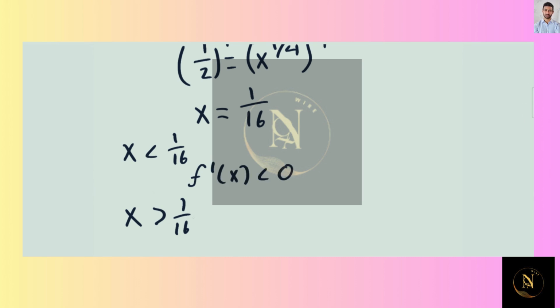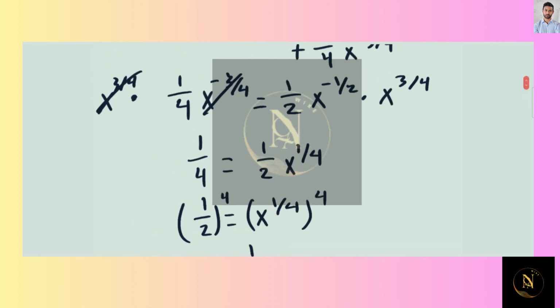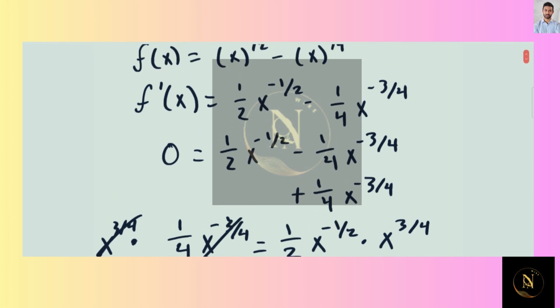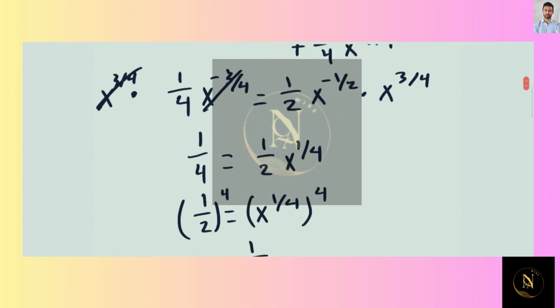Now we're going to look at values of x that are greater than 1 over 16. Let's choose x is equal to 1. So 1 to the negative 1/2 is just 1, so we get 1/2 minus 1/4 times 1 to the negative 3/4, which again is just 1, so this is 1/2 minus 1/4, which is positive.